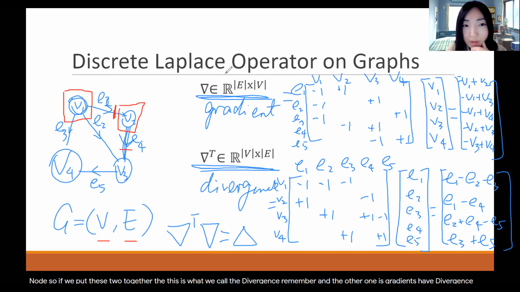This is called the discrete Laplace operator on graphs. You take the derivative on both dimensions, and when you take the product of these two matrices, you get a matrix that represents the Laplace operator, a matrix of V by V. That would be the graph Laplacian, which you will see on the next slide. Okay, so let's move on with this idea.